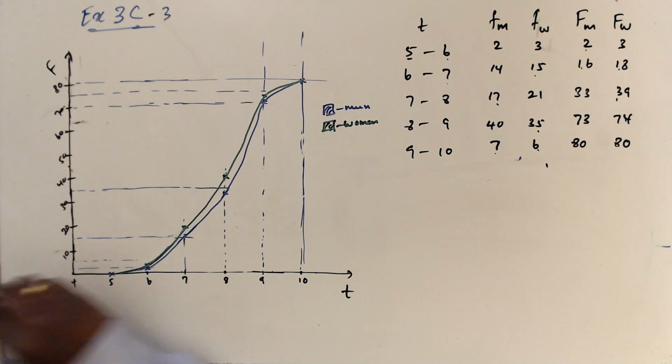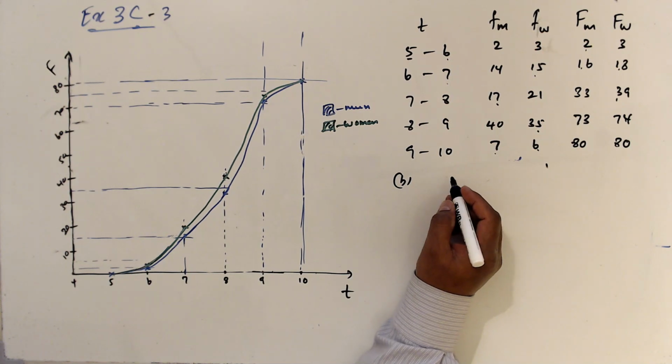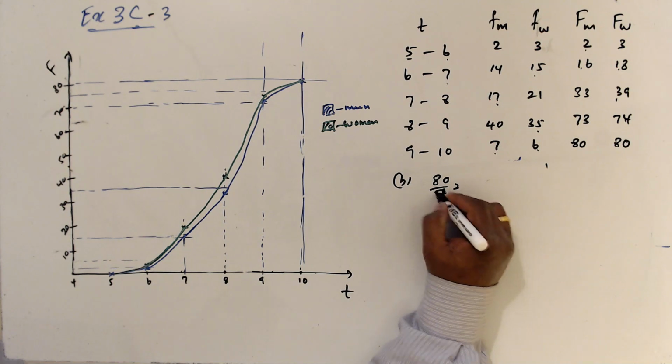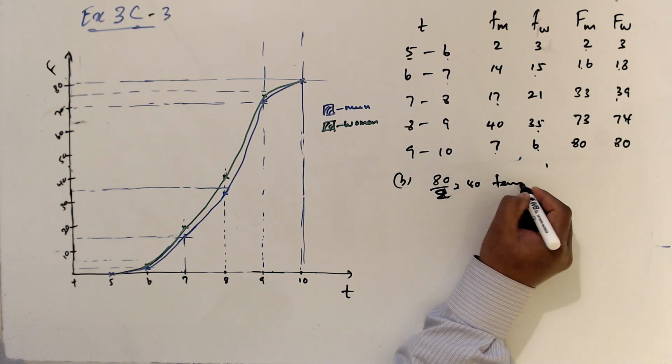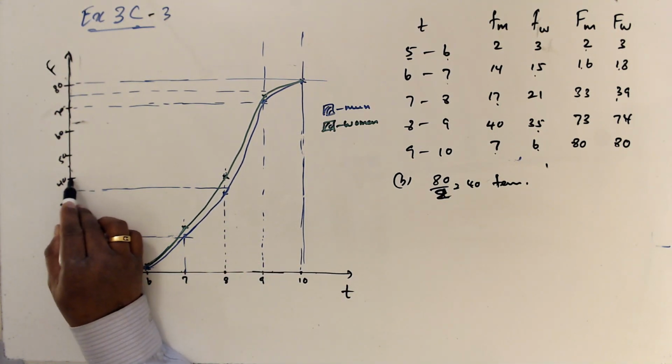Part B, which gender has the lower median time? So 80 divided by 2 equals 40. So the 40th term, when we draw the 40th term, it is here.